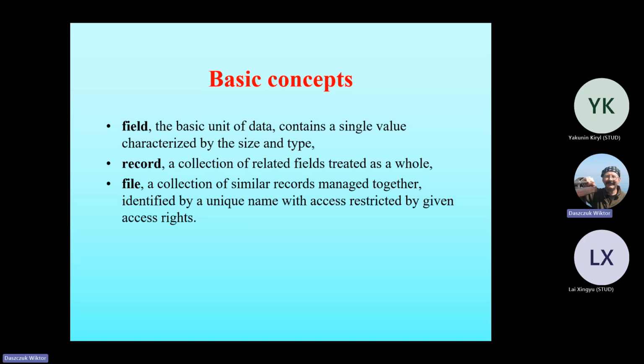And for user convenience, several arrangements of files were applied. For example, serial files and indexed files. In indexed files, we had the file divided into records, every record divided into fields with key fields, and built a tree of index.